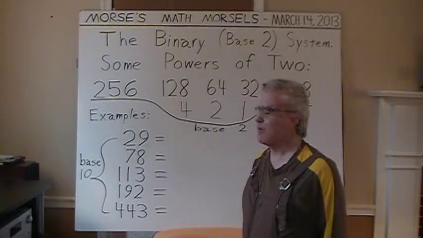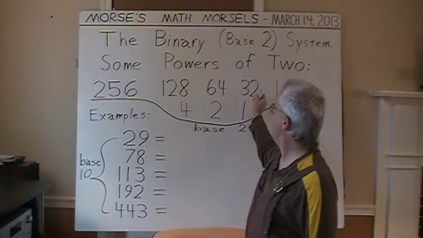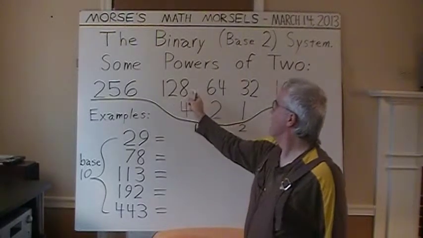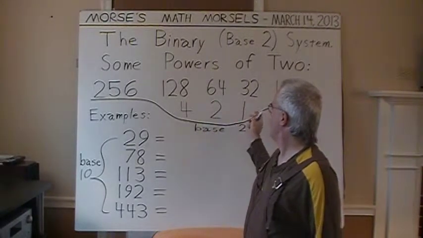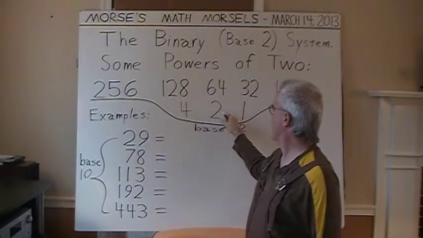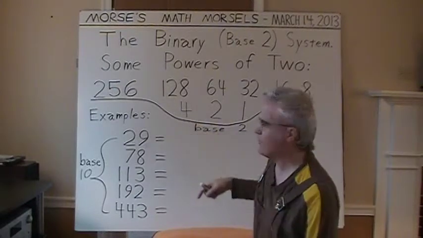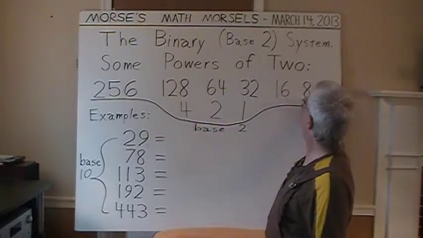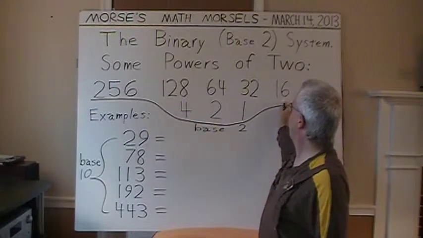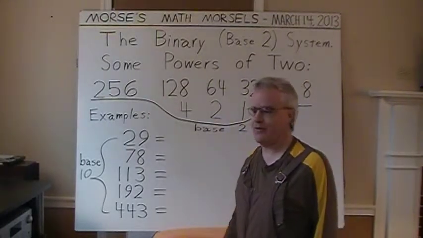I'm going to start with the largest power of 2 for these examples, and note that each power is twice as much as the one to its right. For example, starting at 1, if you double it, you get 2, the next power of 2. If you double that, you'll get 4, the next power of 2, and so on, continuing with the 8 and the 16, doubling all the way up to 256.